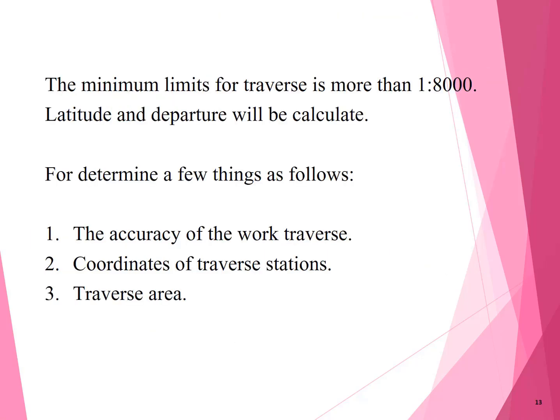The minimum limit for a traverse is more than 1 to 8,000. Latitude and departure will be calculated to determine a few things as follows: first, the accuracy of the traverse work; second, the coordinates of the traverse stations in the selected traverse area.